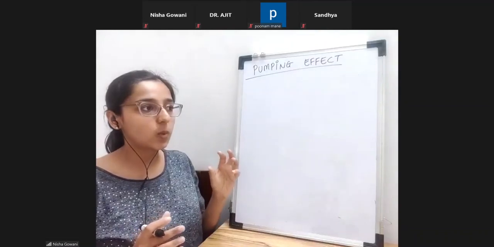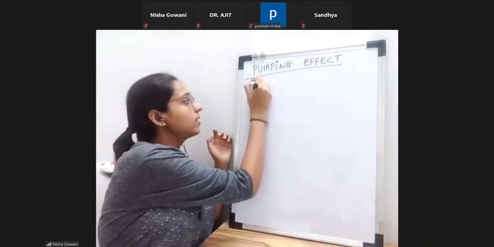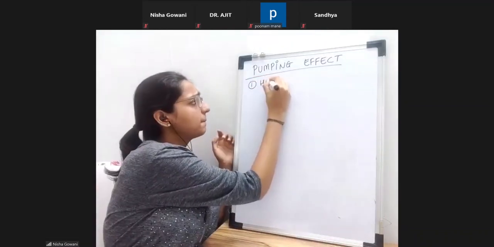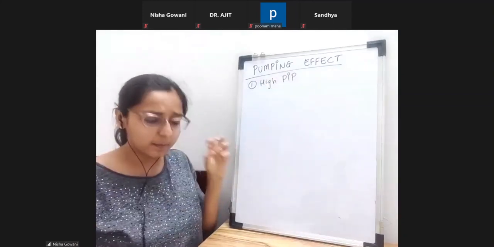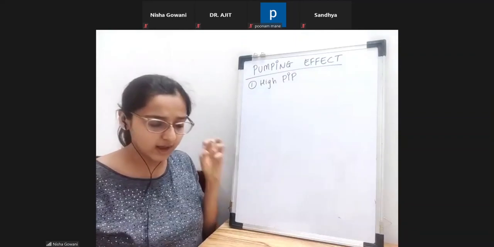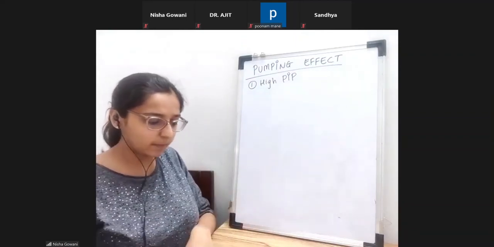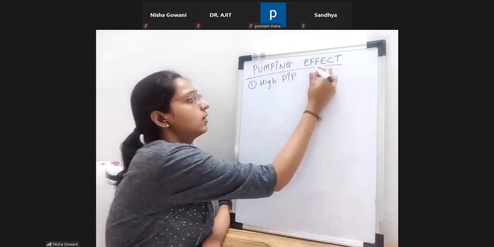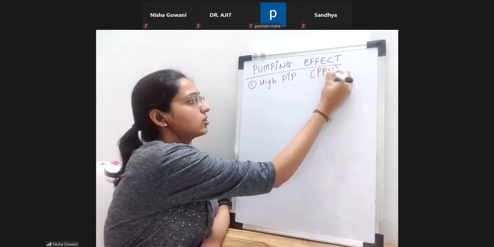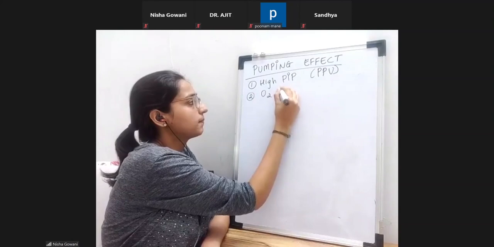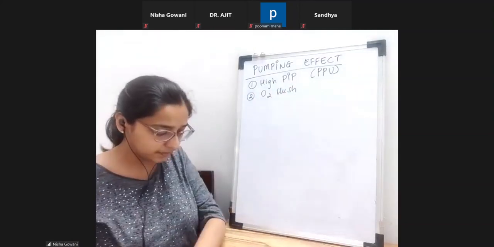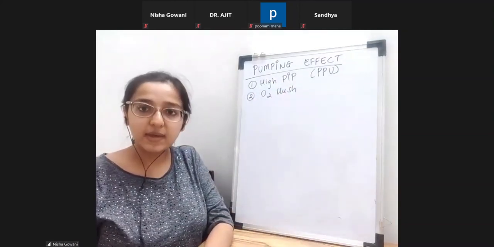This happens when we are using high peak inspiratory pressures, when we're giving positive pressure ventilation with high pressures. It also occurs when I use the O2 flush. So these are the two times when the pumping effect occurs.